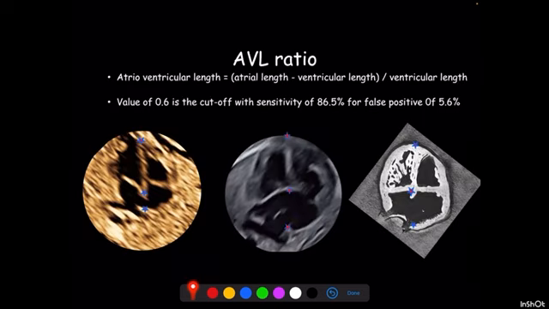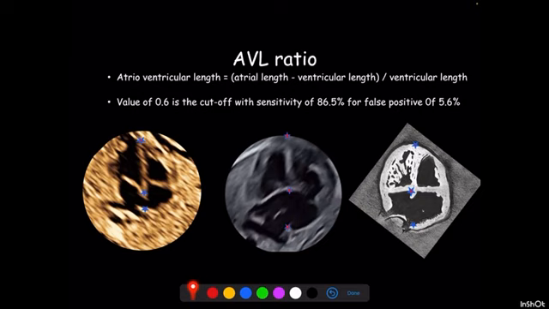Another diagnostic feature is the AV length. When you place the caliper on the outer side of the ventricle and the inner side of the atrium, this is called the ventricular length. The atrial length will be between the inner side of the atrium and the insertion of the mitral valve.